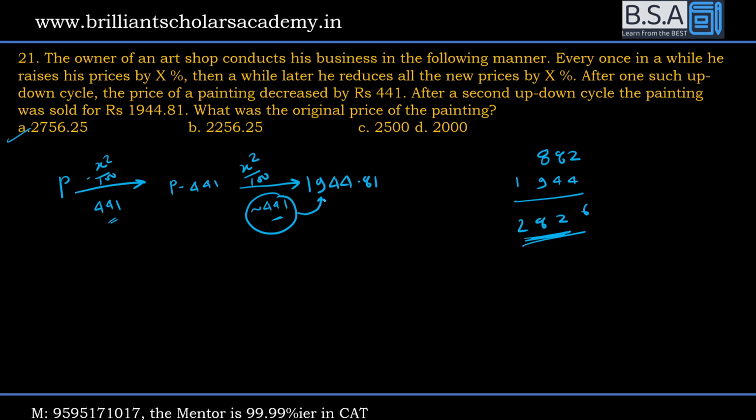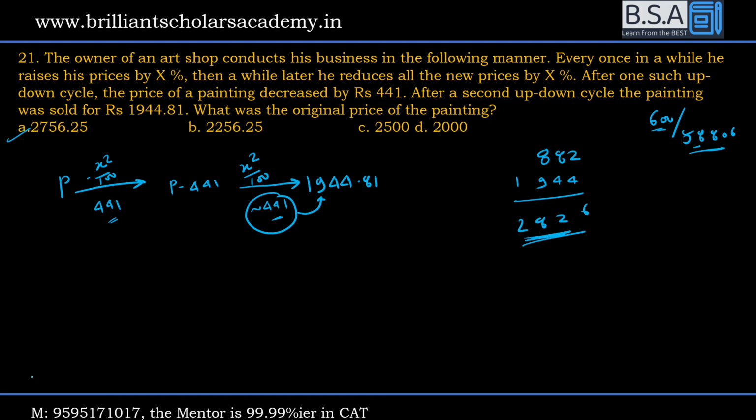In the previous question, it was 600 rupees compared to 58,806 rupees. 600 is nothing as compared to 58,000, but 441 compared to 2000 is roughly 1/5. Your answer is correct, A, because it needs to be a very high number. It needs to be close to 2800. So there's only one answer option.